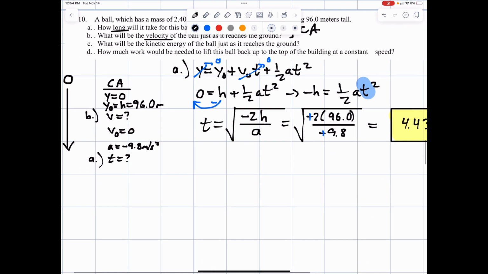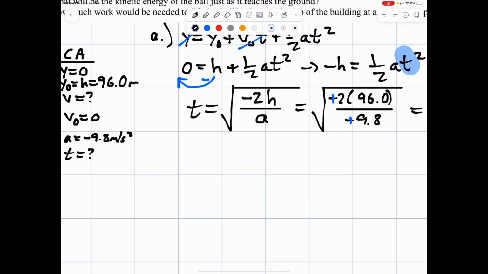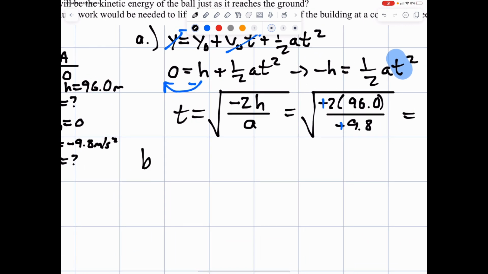Now I'm looking for velocity as a function of time, because I just found time. Well, I could use this equation right here, in which case I know v naught is 0.